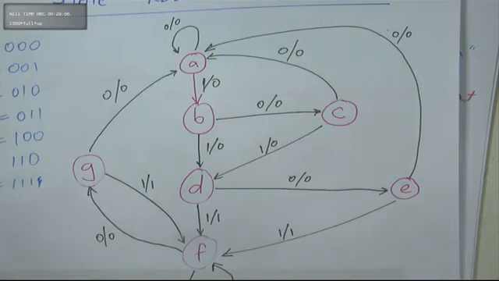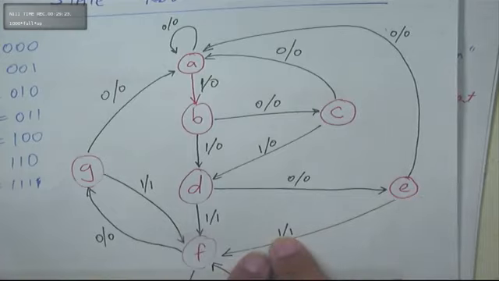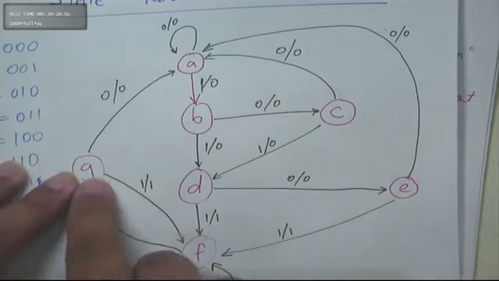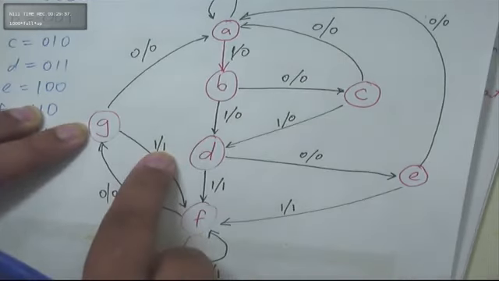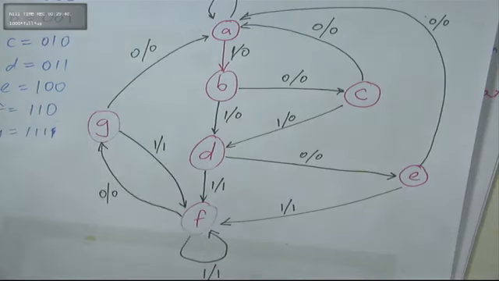If 1 is applied to E, it travels to F, the state becomes F, and the output is 1. If 1 is applied to G, the state becomes F and the output is 1. So they are both identical. They do exactly the same thing. So that's a redundancy: 2 states doing exactly the same job.